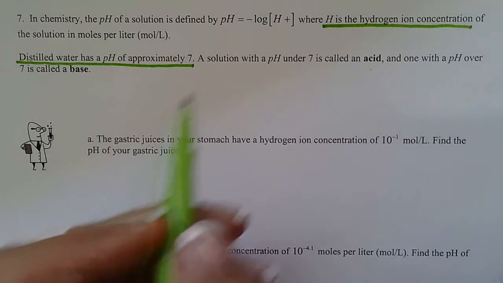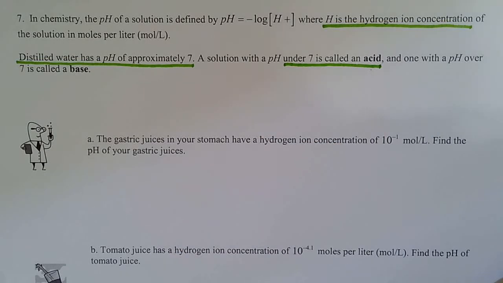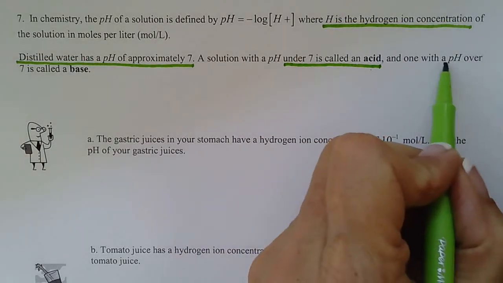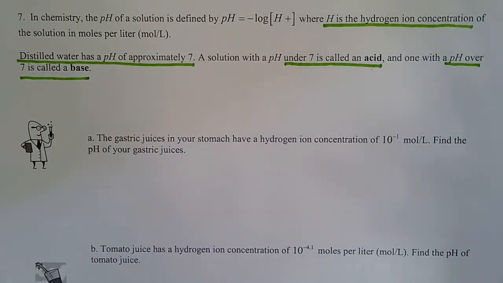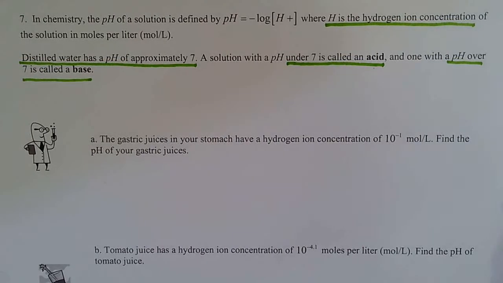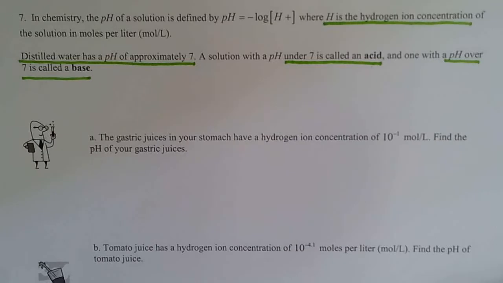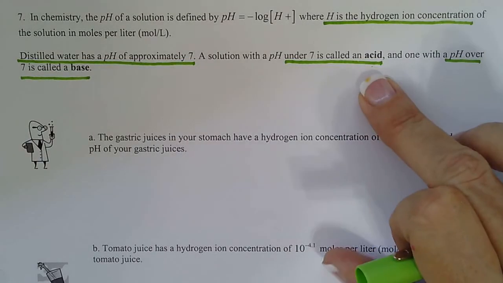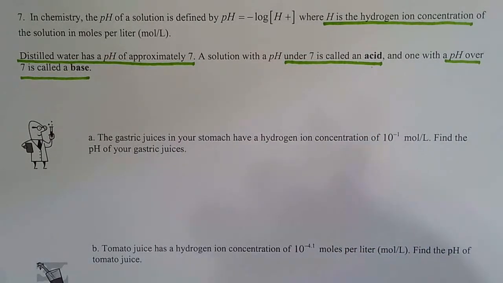A solution under 7 is acidic or an acid, and a pH over 7 is a base. So that just gives you a little background on pH. So distilled water is supposed to be the neutral, and then under that, acid, and over that is a base.